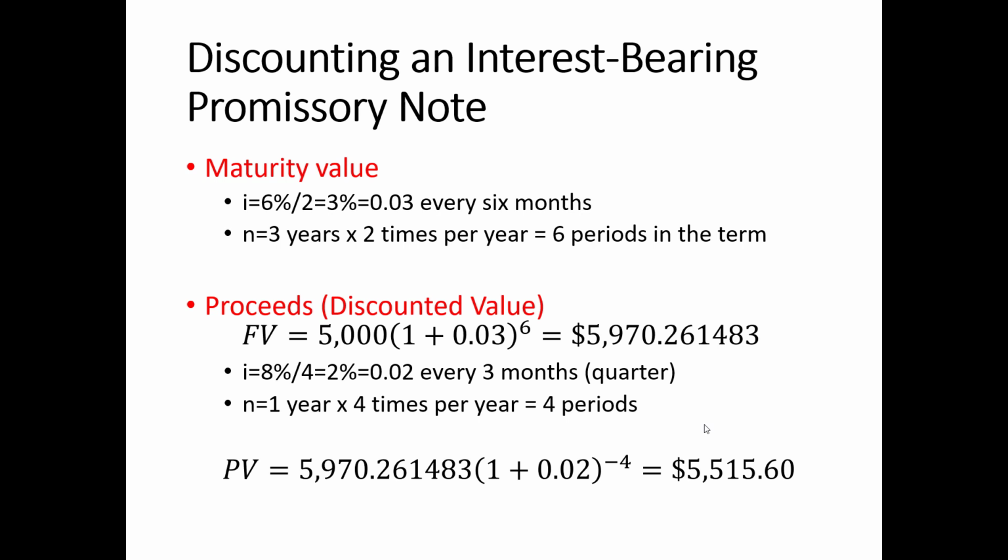So that's our periodic rate, and we just find the present value of that $5,970 and some cents as of the date of sale, and we get the present value of $515.60.